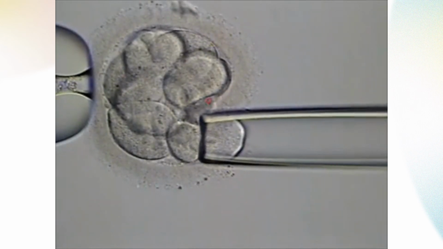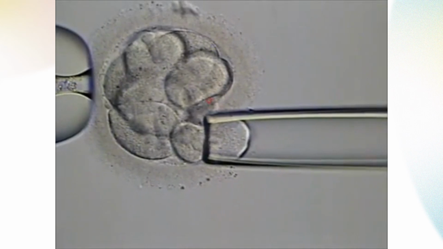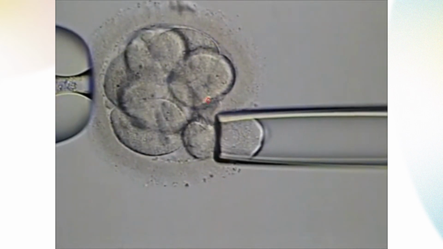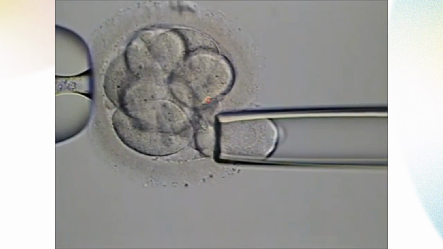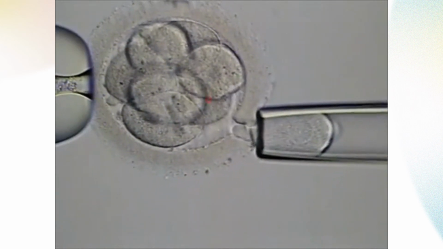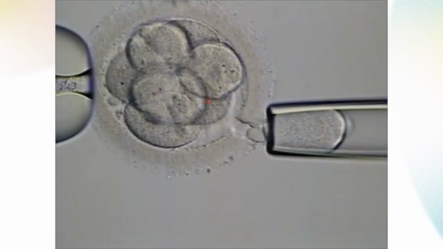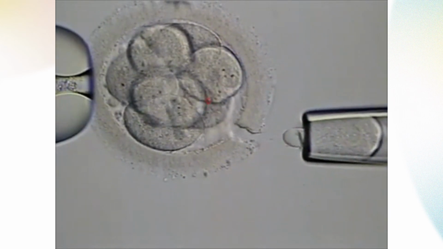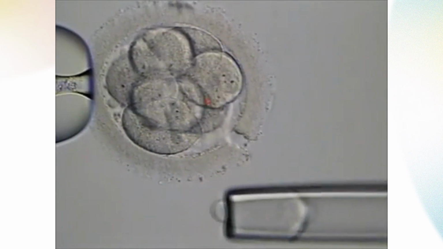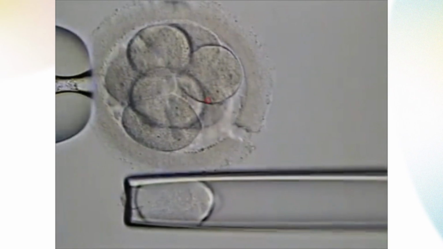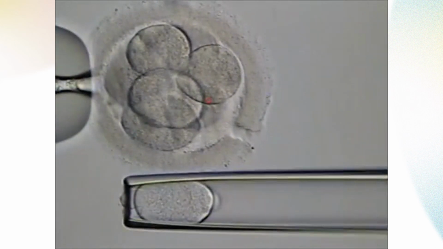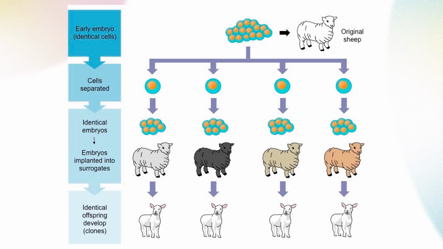So we have a developed embryo at the 8-cell stage. Some of these cells are being removed from that embryo and they will go on to be grown into another embryo that is genetically identical. Here's a diagram of that.